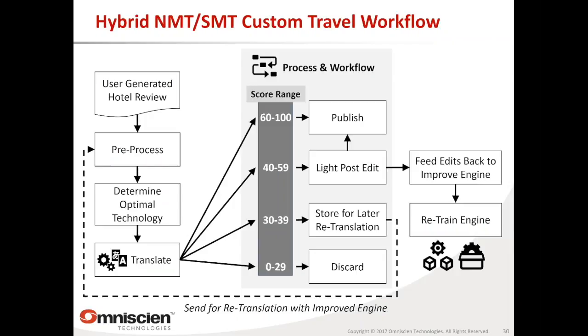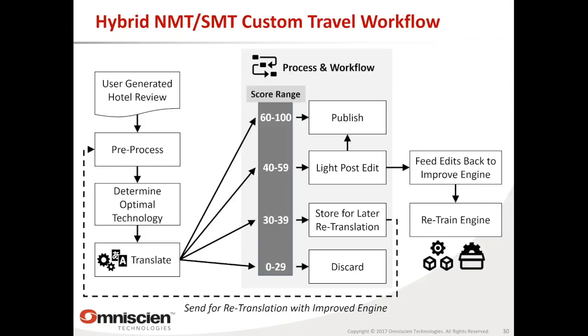If it's between 40 to 59, it goes for a light post-editing and then goes live. And in this case, the company is using what we call monolingual translators, where the light post-editing is by a target language speaker only, and it's just making it more fluent to look like it is near human quality. Okay. Any of that feedback from post-editing then goes back into the engine for retraining. If it's between 30 to 39, we store it for later retranslation, and we calculate how many times it's been sent for retranslation.